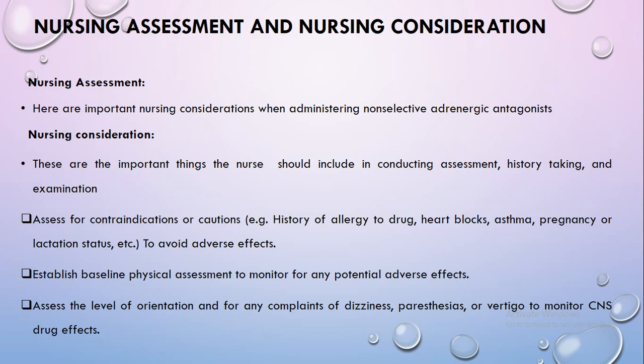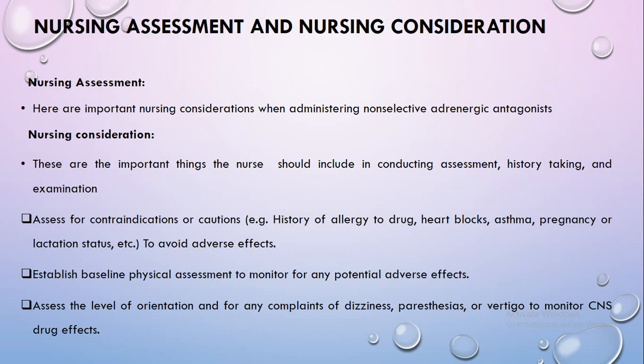So first of all, you should assess for contraindications or cautions, for example, history of allergy to a drug, heart block, asthma, pregnancy or lactation status, which should be checked in order to avoid adverse effects. Establish a baseline physical assessment to monitor for any potential adverse effects which are already reported in the literature.